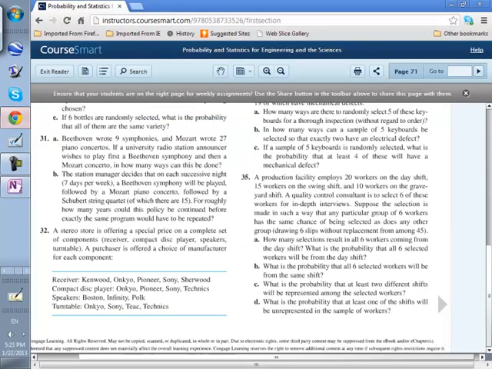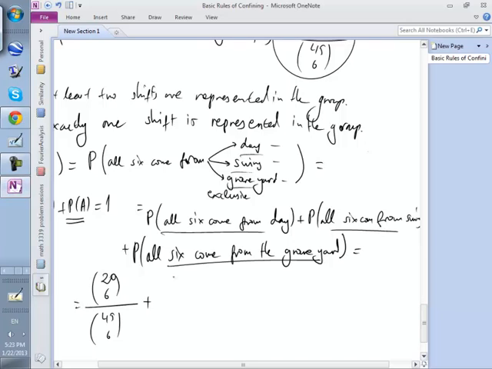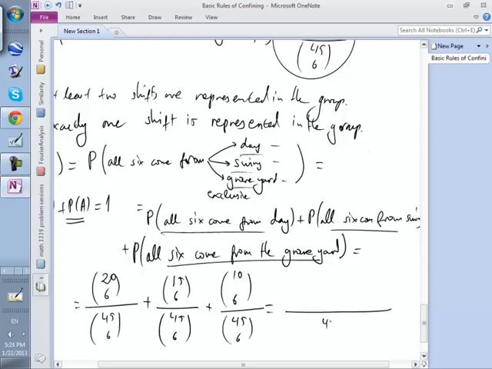The problem says that there are 15 workers on the swing shift and 10 workers in the graveyard shift. So therefore, the second term has probability 15 to 6 divided by 45 to 6, and the third has 10 to 6 divided by 45 to 6. And the result, let's just group all of these things together.